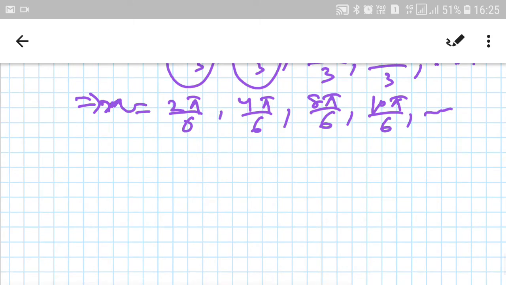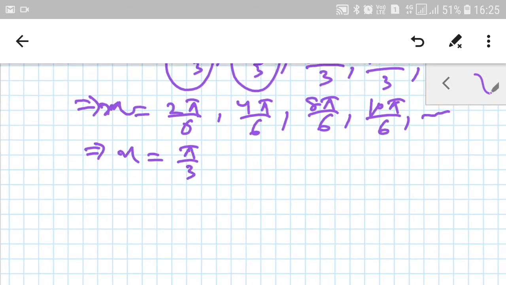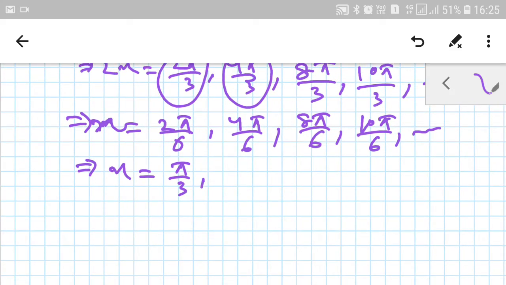Now look at this. If it is so, therefore I have x equals pi by 3, 2 pi by 3, 4 pi by 3 and 5 pi by 3. So I will not go beyond that. After that the value will exceed 2 pi. Okay? So up to this one only.